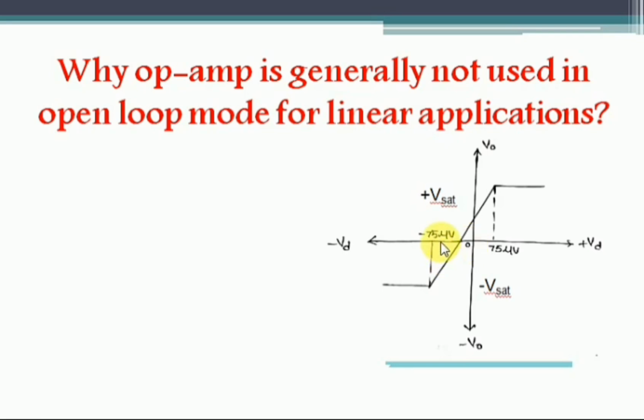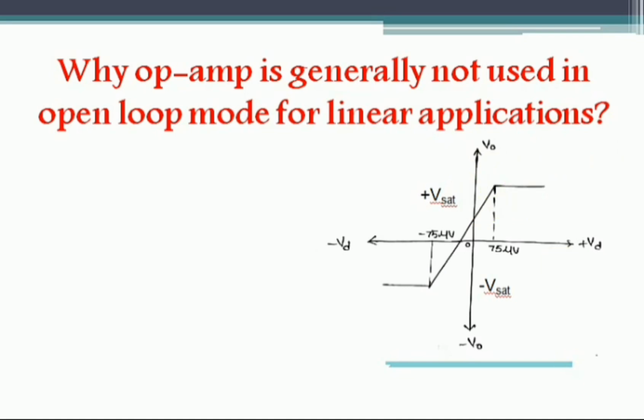Within the microvolt signal itself, the op amp operates in linear mode, but after that it becomes saturated, which indicates that a small input voltage drives the op amp into the saturation point.